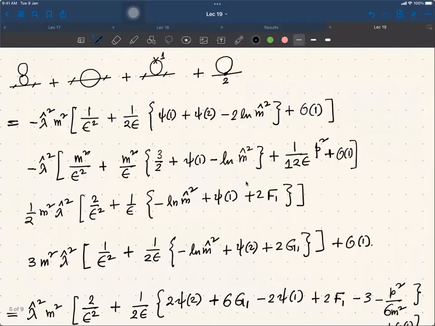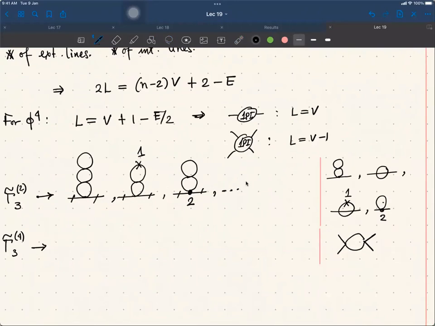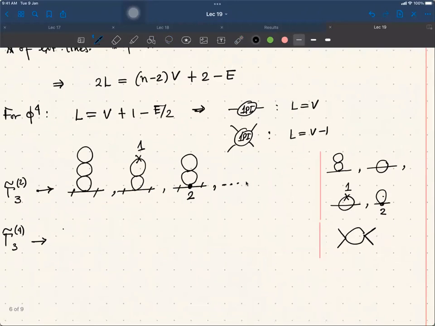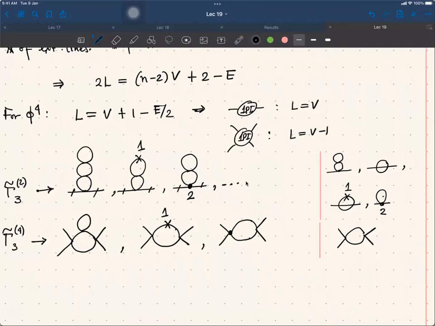We have to add one loop on this diagram in various ways. For example, one could add the loop like this. One could add the loop exactly the way we did earlier, like this. One could replace the vertex here by the 2 vertex. That's one loop. So this is the 2 vertex.